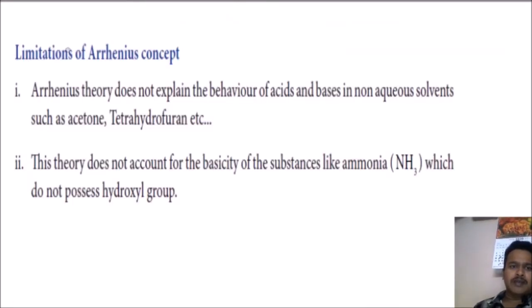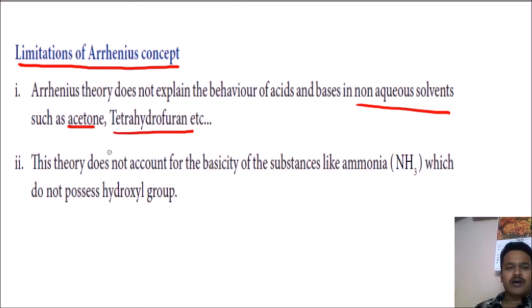Here there are some limitations for this Arrhenius concept. Limitation means it is unable to explain why some abnormal behavior is shown by acids. Arrhenius theory does not explain the behavior of acids and bases in non-aqueous solvents such as acetone and tetrahydrofuran.